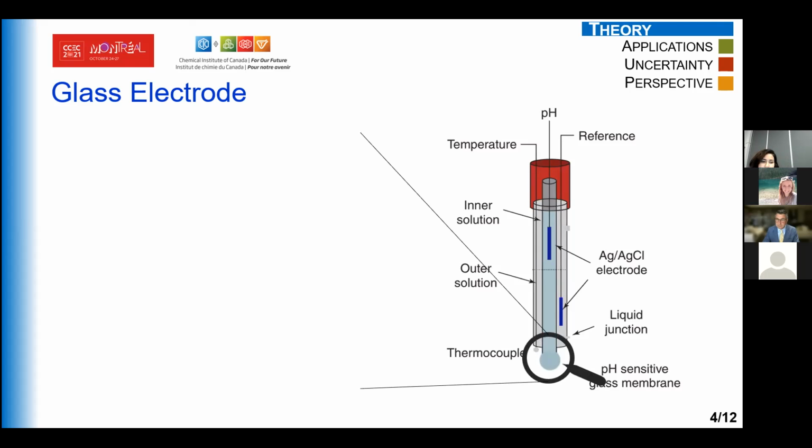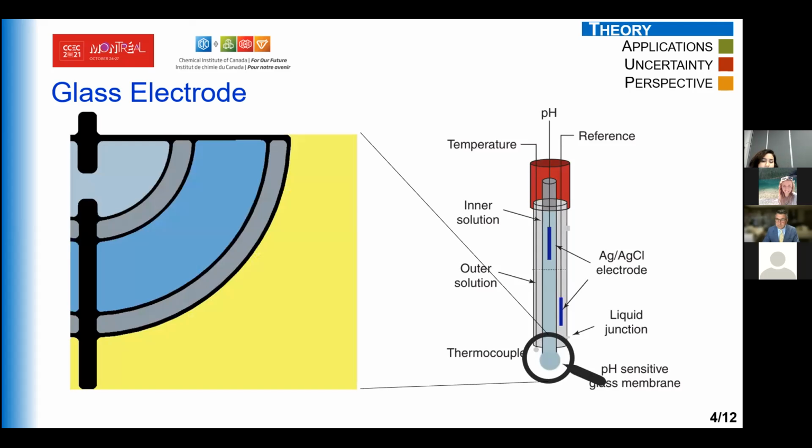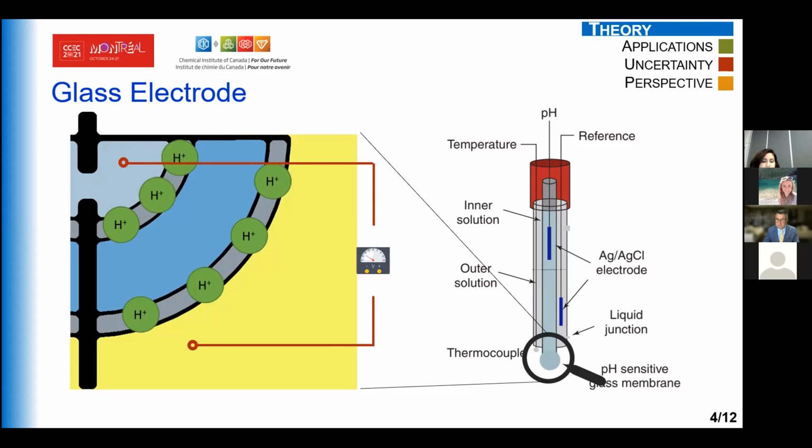If we take a closer look here, when the electrode is immersed in a solution, the hydrogen ions penetrate through the membrane, and the same occurs inside the membrane where we have a neutral pH buffer. The extent of charges on the inside is proportional to the concentration of hydrogen ions in the solution, and this creates a difference in voltage, from which pH is determined through the Nernst equation.